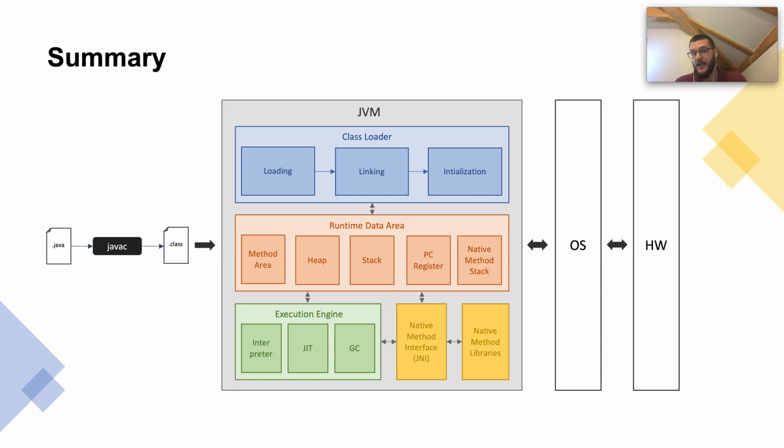We have a Java heap, we have a method area, and how all is managed. And last but not least, we covered the execution engine and how our bytecode is at first interpreted, then if called enough times, JIT compiled, and how everything is cleaned and maintained with a garbage collector.